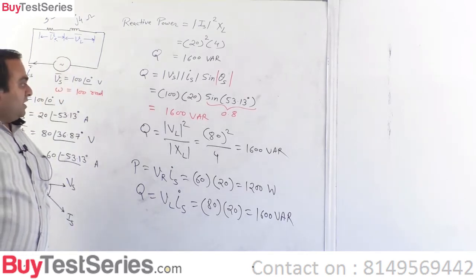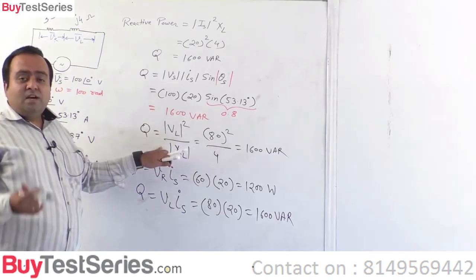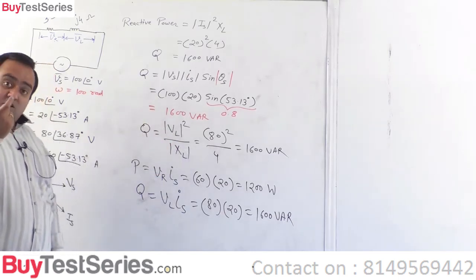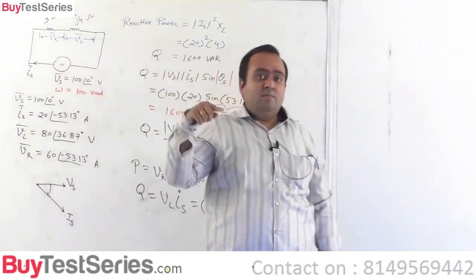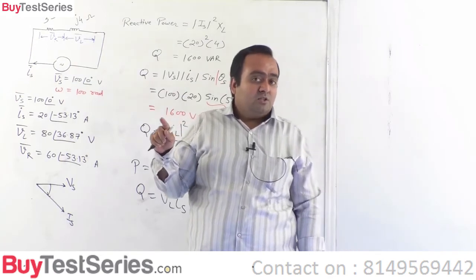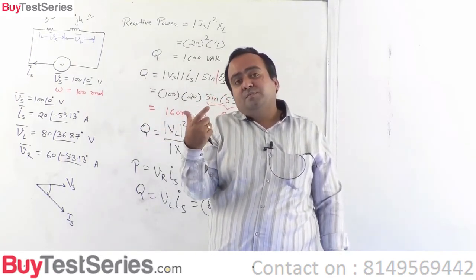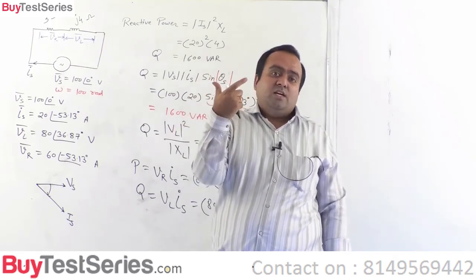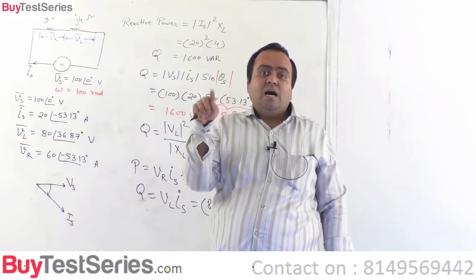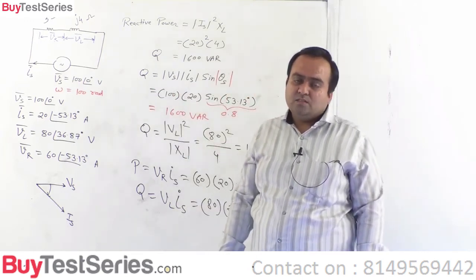Please understand, when you say V square by R or V square by XL, we have to look at the voltage across that element. Don't take the source voltage while you are squaring and dividing it by reactance or resistance. When you say V square by R, to be very specific, it is VR square by R. The voltage across the resistance squared by R is the power dissipation, which amounts to I square R. Is this okay?